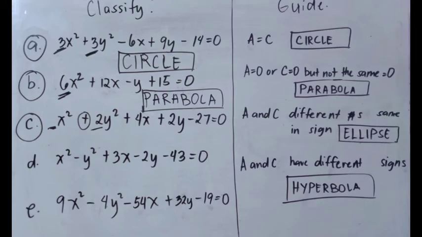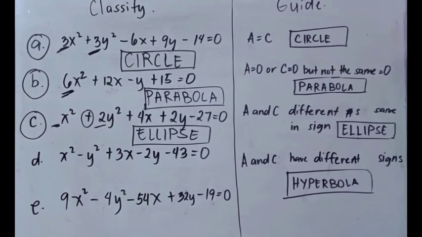Which do you think of these definitions was satisfied? In our guide, the third one says that if a and c have different values but the same sign, then that forms an ellipse.